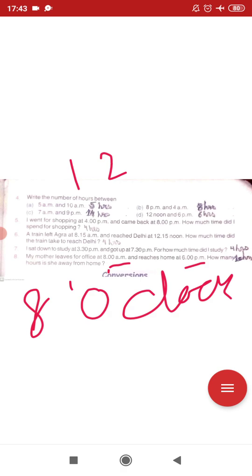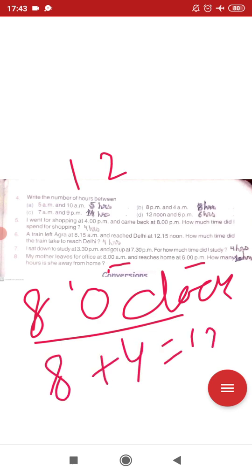How much time does it take to reach noon 12 from 8 o'clock? You know the 12 big divisions are there. So 8 plus 4 equal to 12. So we got 12. And you know that 6 p.m. means 6 hours should be covered from 12 noon. From 12 noon to 6 p.m. evening, 6 hours will be needed.